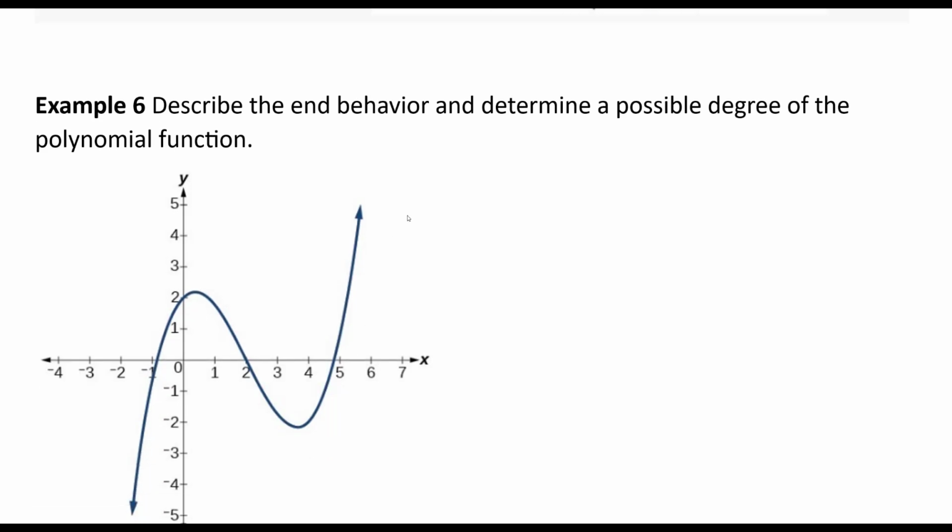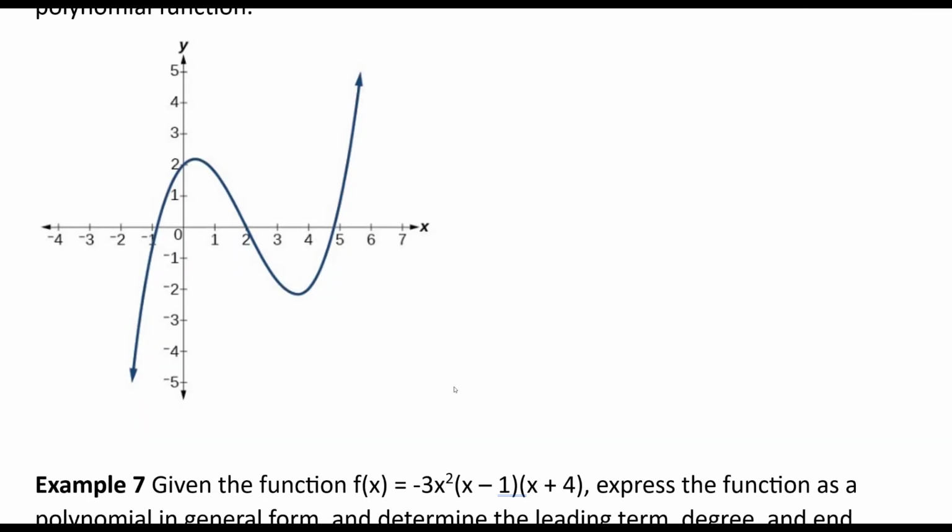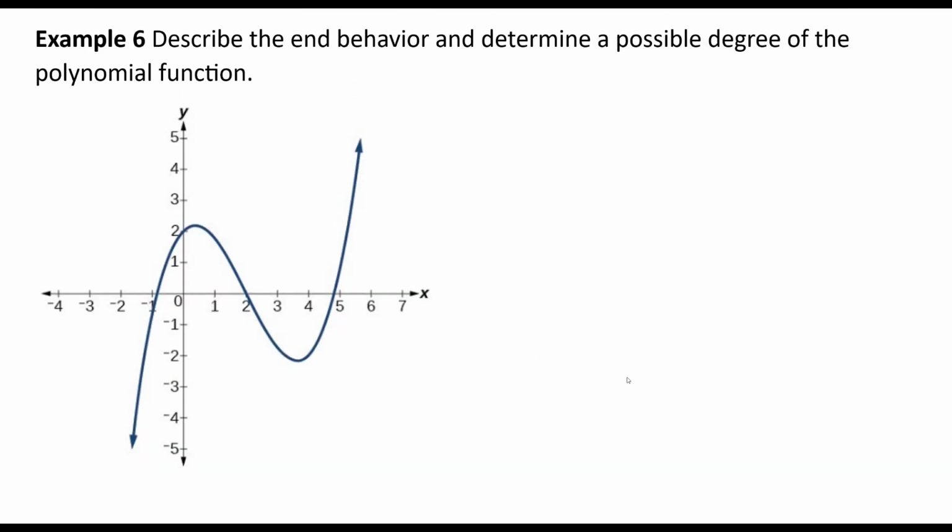So describe the end behavior and determine a possible degree of the polynomial. For this one, as x gets big, f of x will go to infinity. And as x gets small, f of x goes to negative infinity.